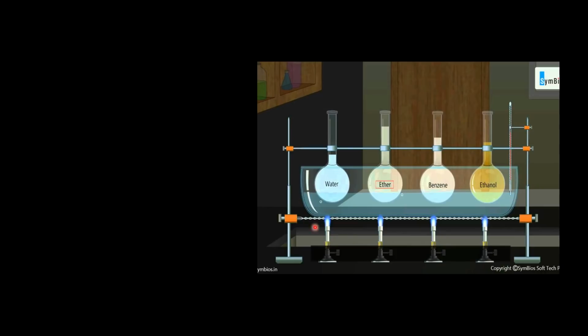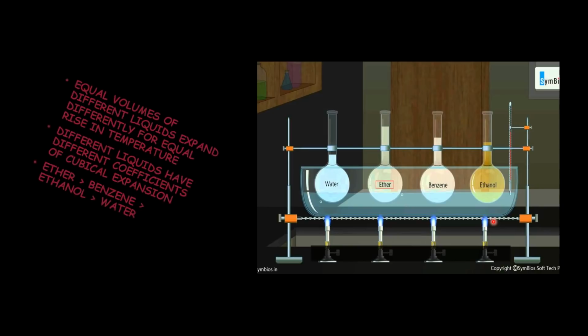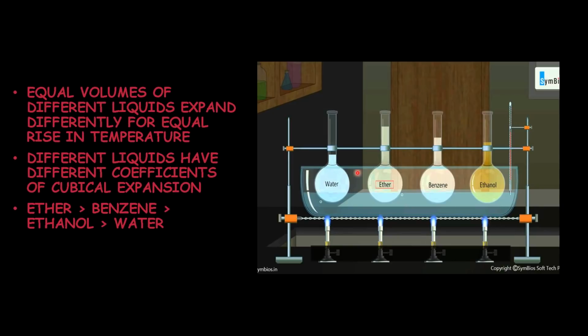And in this figure, the same property is depicted. Here you can observe that there are 4 liquids in the hot water bath. Out of these four liquids, ether expands the most, then benzene, then ethanol, and the minimum expansion is shown in water.